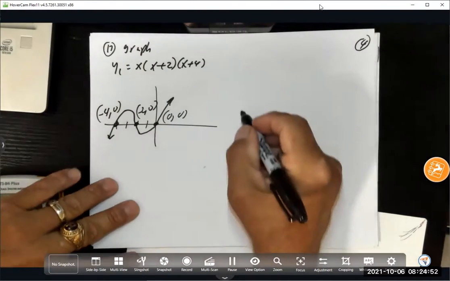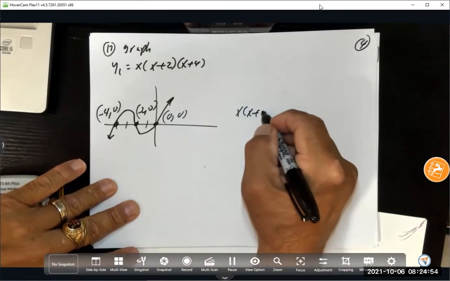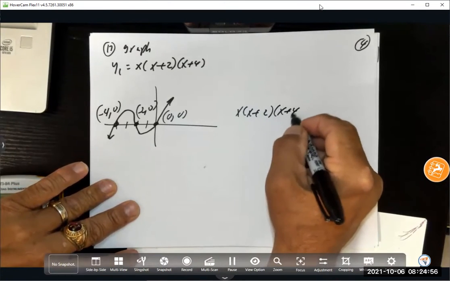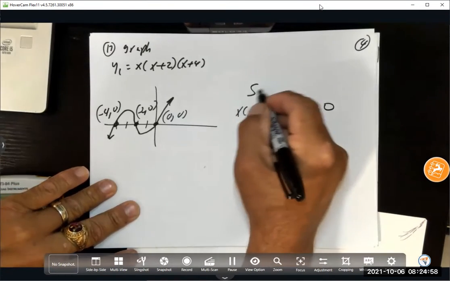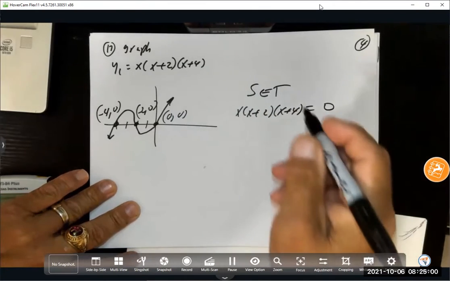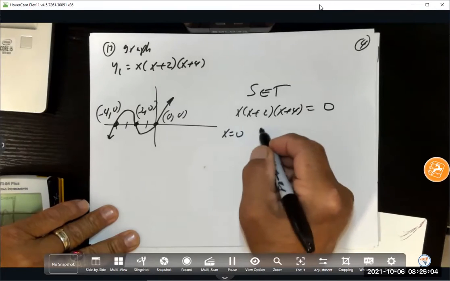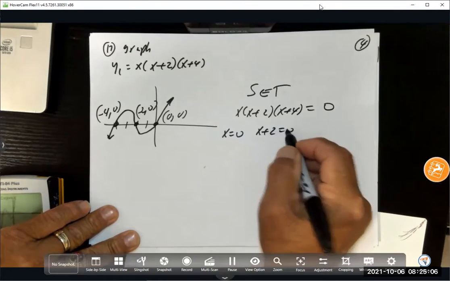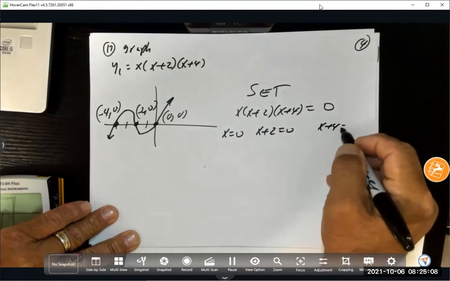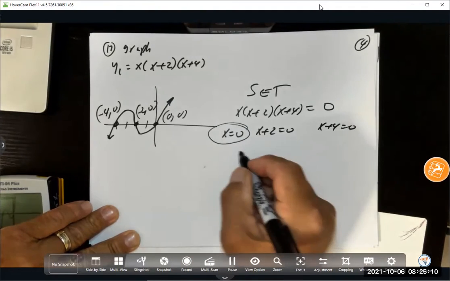Another way you can do it is to set all those equal to 0. So x equals 0, x plus 2 equals 0, x plus 4 equals 0. The first is already done.